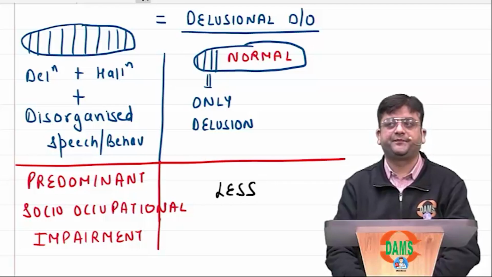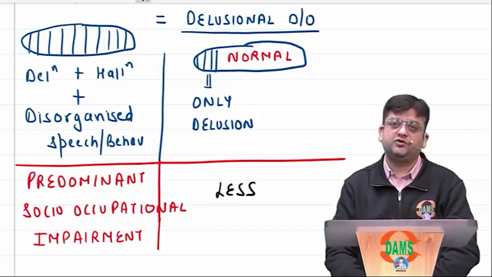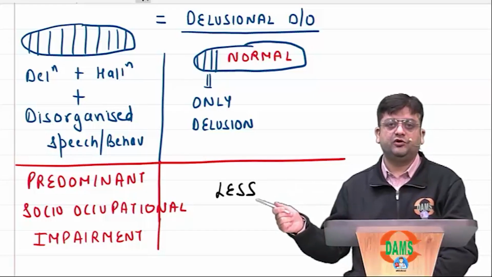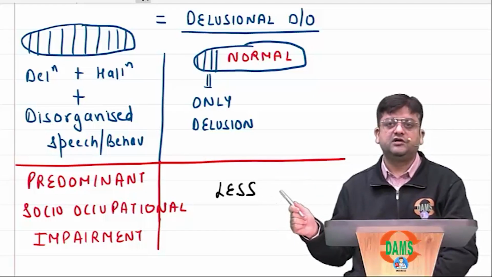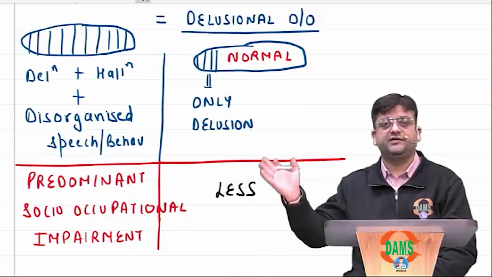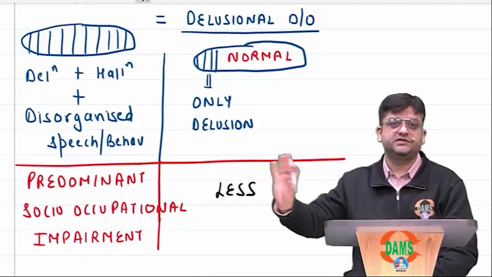Example. There's a person who has a belief that office colleagues are against him, they want to harm him. Despite this belief, he continues going to the job. There's no loss of the job, no loss of work. That is delusional disorder. But if because of this belief he resigns from his job and stays at home, that is schizophrenia.